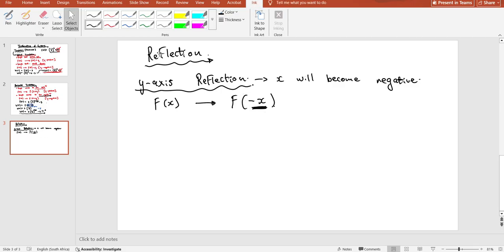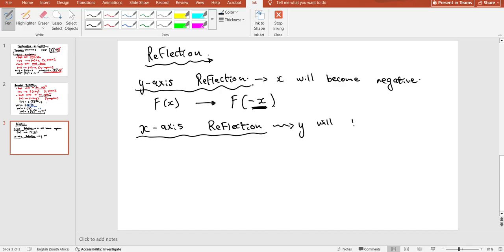Just gonna erase that. You can pause the video if you want to see it. X-axis reflection. And with each one, you will see that I am showing you how it would look. So x-axis reflection, we've talked about this. The y will become negative.